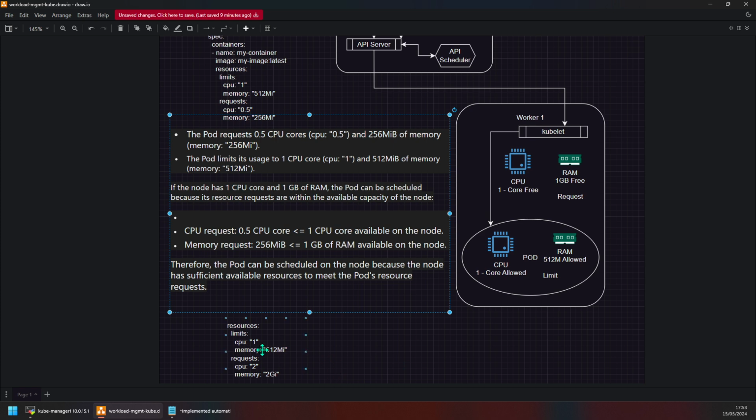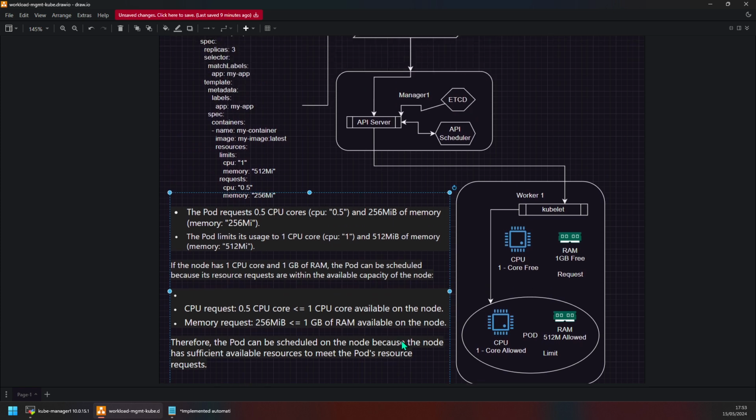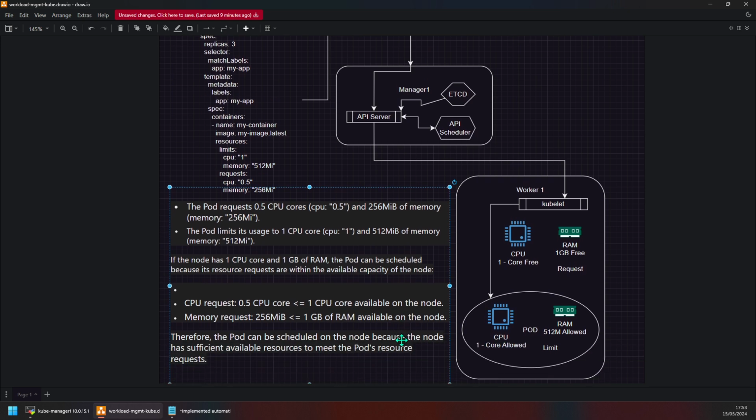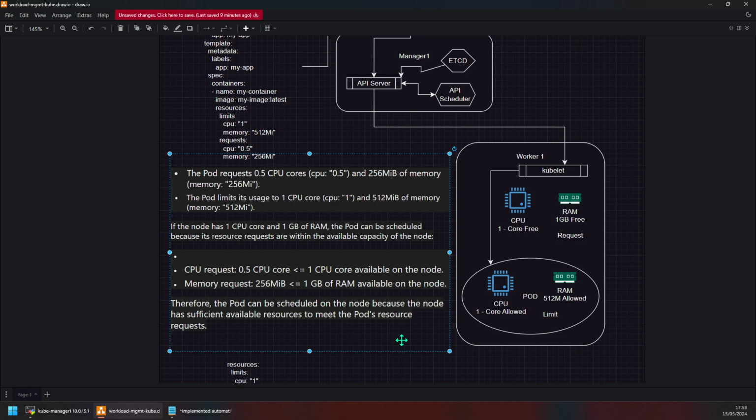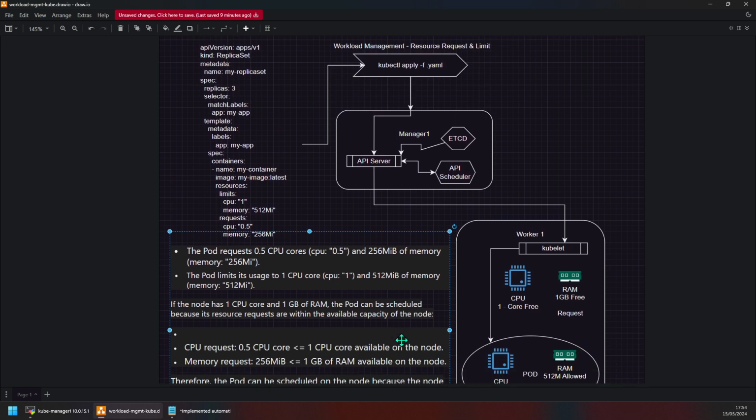We will see both these examples: one where you have a sufficient request, and two, where it doesn't have a sufficient request and what it is going to do. Both these scenarios we will explore in the hands-on session. Request and limit is one of the important interview questions, because the first thing they'll ask is, what's the difference between resource limit and resource request?